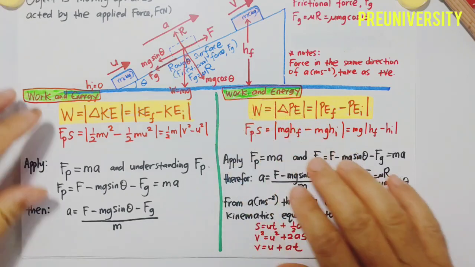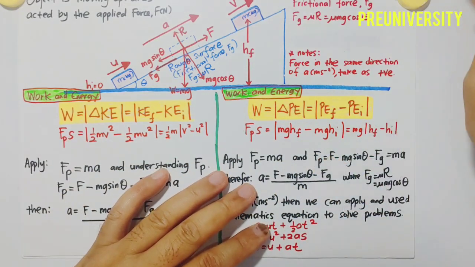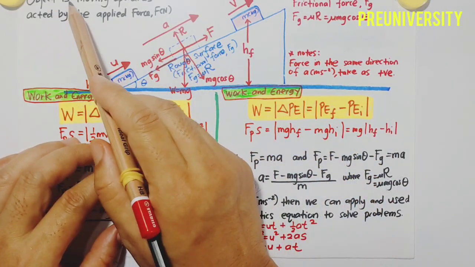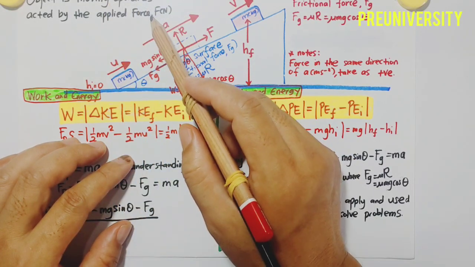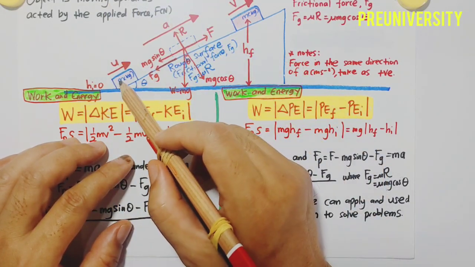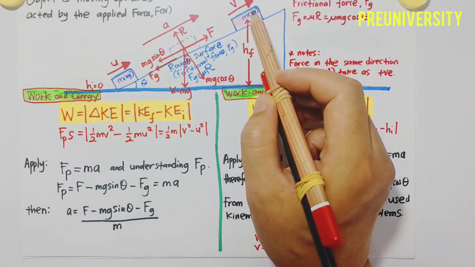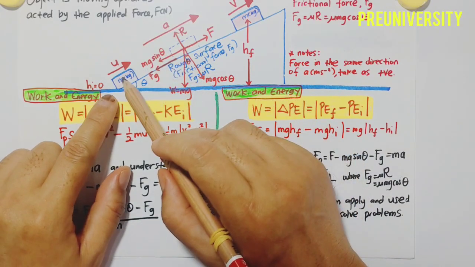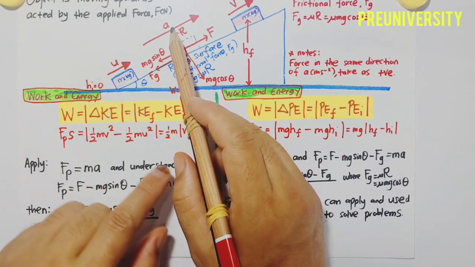So we refer to the inclined plane. The object is moving upwards, acted on by the applied force F. The object moves from here to here with the acceleration a, so the object is moving upward.